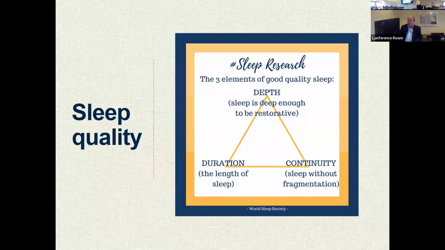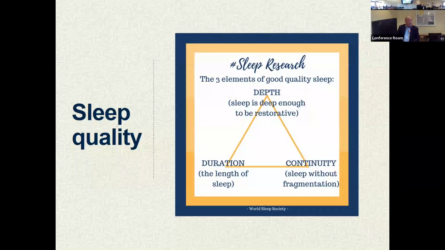I mean, what is sleep depth? How do you subjectively say, well, you need to sleep deeper? Is that actionable as an individual? Can you tell your 14-year-old to sleep deeper? No, you can't. Continuity, sleep without fragmentation.